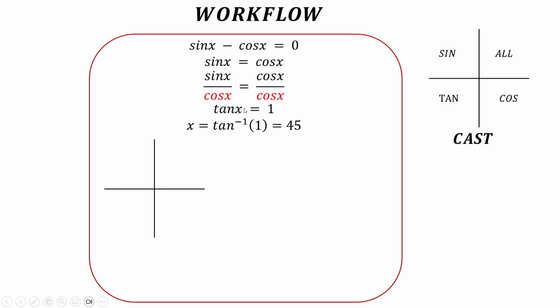It means it's possible that x could be in this quadrant, because tangent of x is positive in this quadrant as well. In the same way, tangent of x is also positive in this quadrant. So we have two possibilities: x is in the first quadrant, or x is in the third quadrant.